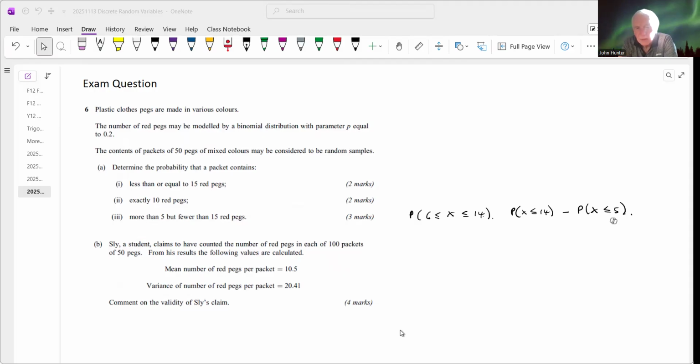So the probability of getting 10 is actually 0.13. Well, we don't know about the means yet, do we? So let's just come back to that.